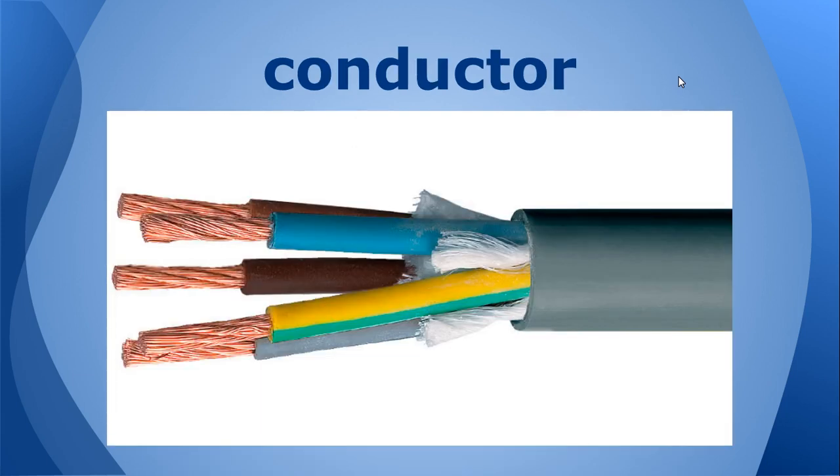First of all is conductor. You guys are familiar with this word even from our chemistry study. You know that metals are good conductors of thermal energy, and they're also good conductors of electrical energy. So anytime you have a material that electric charge will flow through easily, that will carry an electric current, we call that a good conductor.